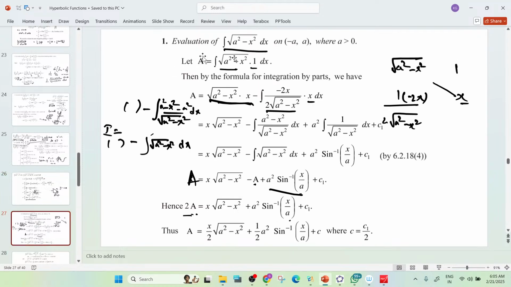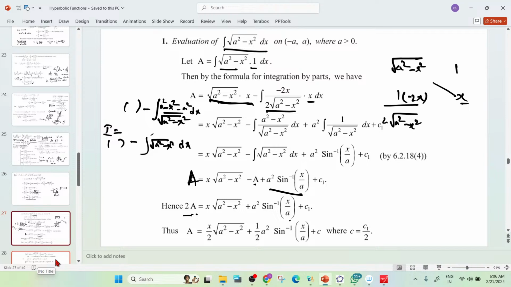By parts is interesting because in a lot of cases where substitution doesn't work, this technique becomes important, where you want to express the integral in itself.